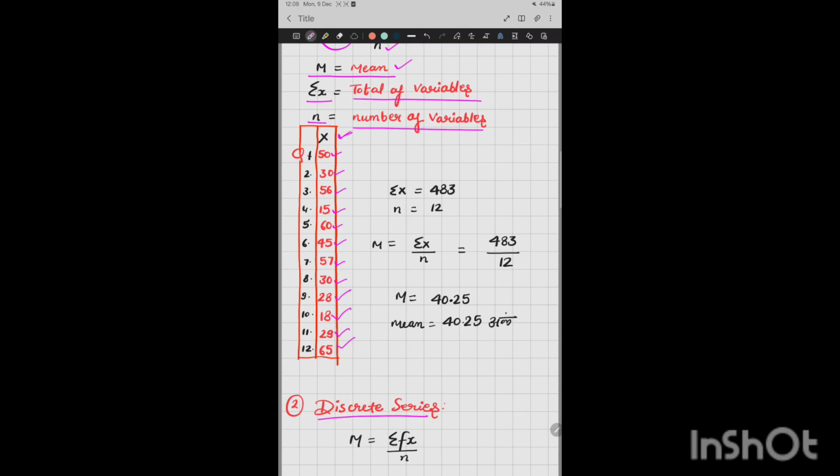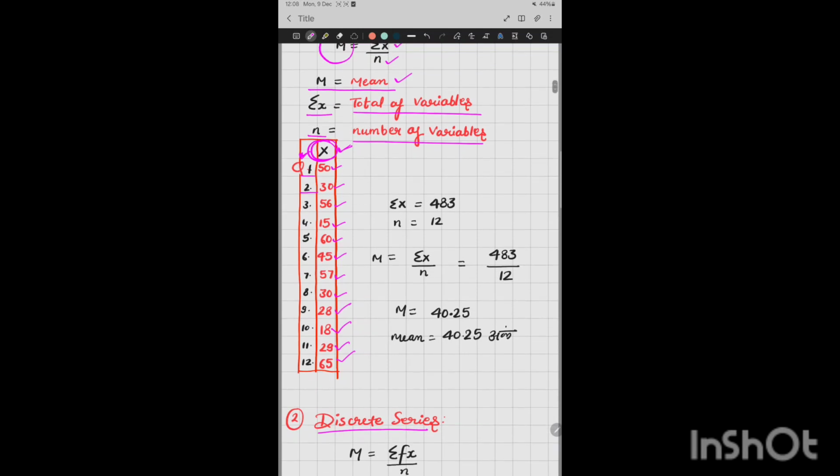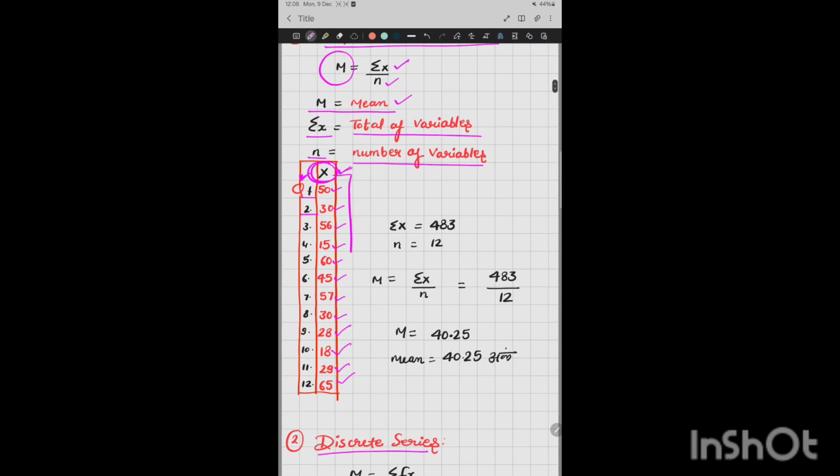You can also, for your own convenience, give them some numbers. I have already given them numbers, but this is not a given thing. This is what I have done. The given thing was the X series, and on the basis of it we have identified that this is a simple series, because only one series is given.